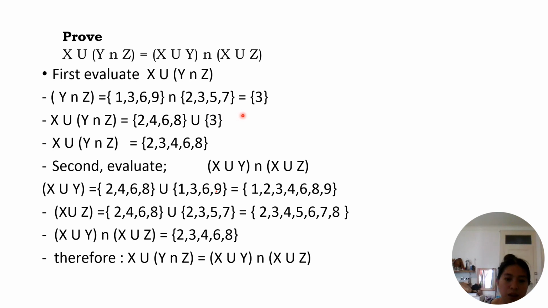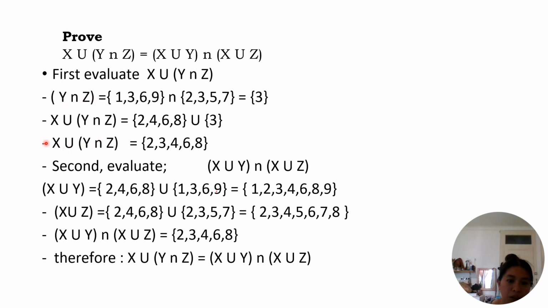Let's get the common elements they have, because it says here the intersection of Y and Z. They only have 3. And then after that, we will evaluate the union of X with this.